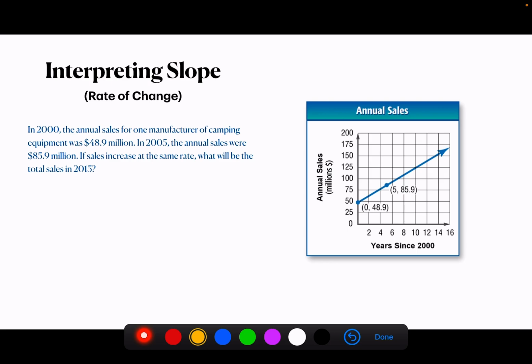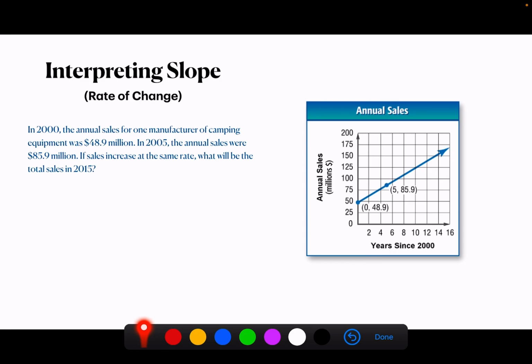We can see that over here, we have the annual sales in millions. But look at where we start, all right? Look at the years. We have 2, 4, 6, 8, 10, 12, 14, 16. We do not have 2000. We do not have 2005. But we do know that the years are from 2000.